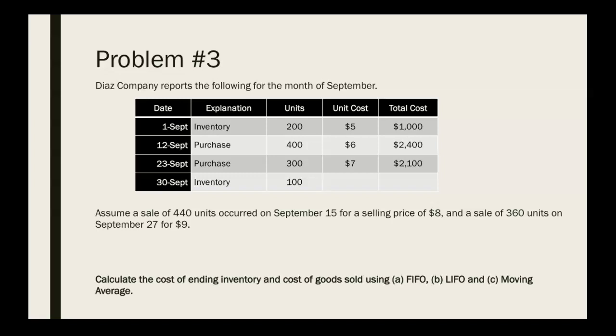That $8 and that $9 are useless to us in this problem. So what we need to do is calculate the cost of ending inventory and cost of goods sold using FIFO, which is first in, first out, LIFO, last in, first out, and moving average.